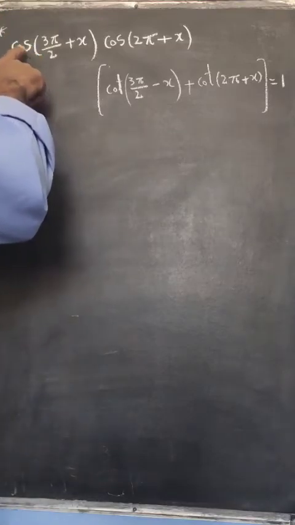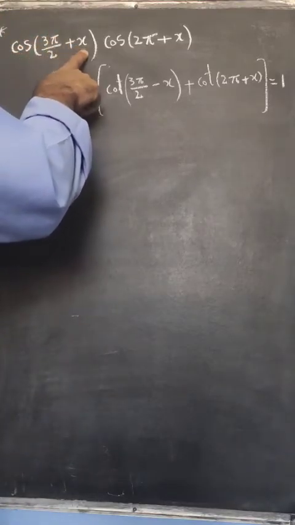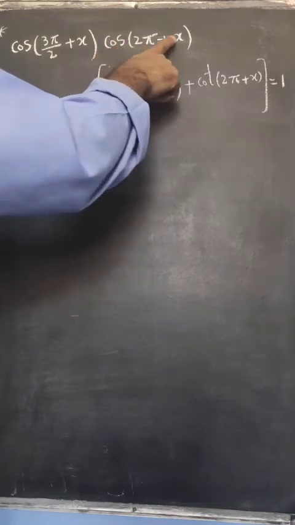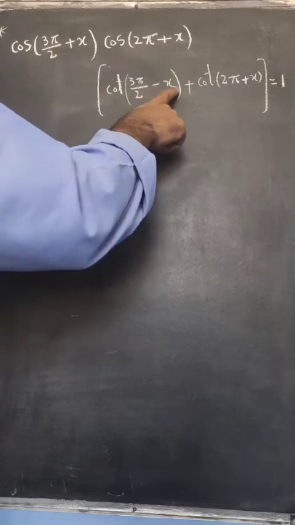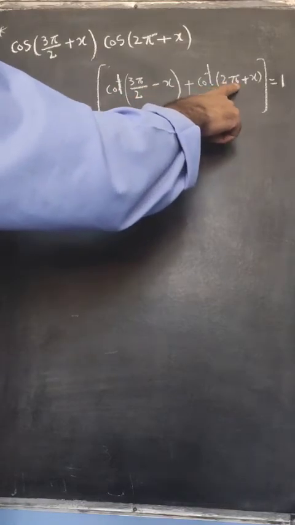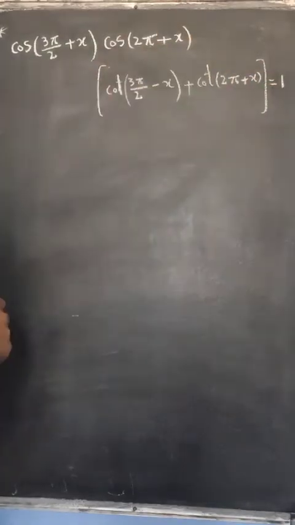In this question we have to prove cosine 3 pi by 2 plus x into cosine 2 pi plus x into cotangent 3 pi by 2 minus x plus cotangent 2 pi plus x is equal to 1.